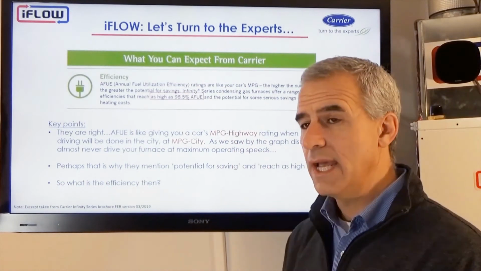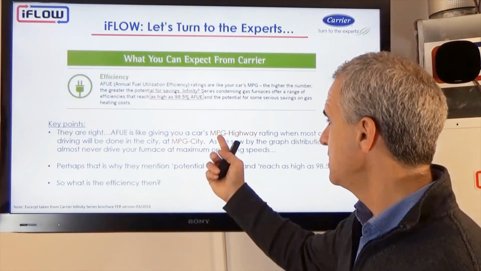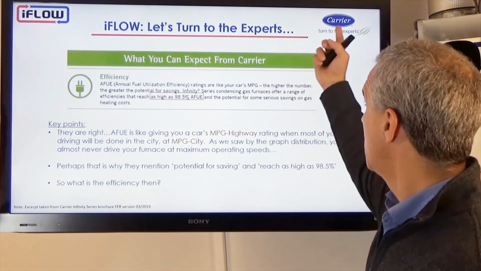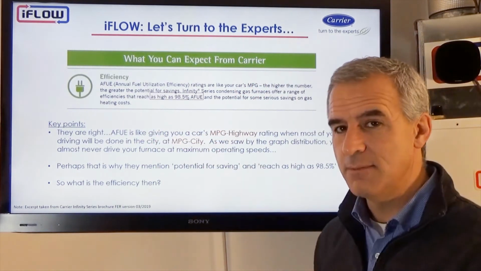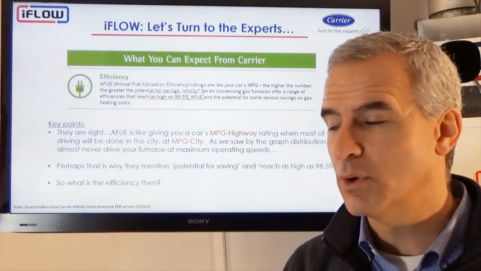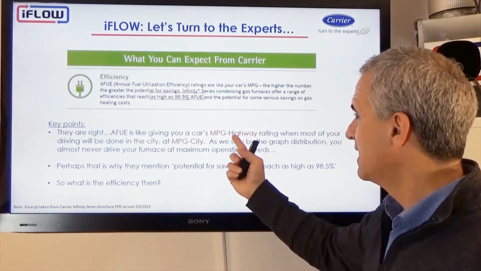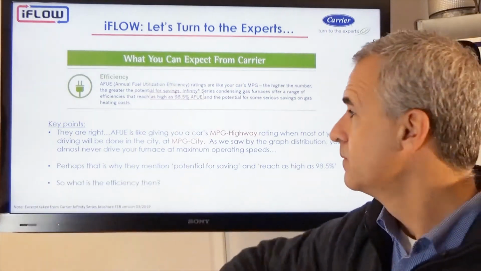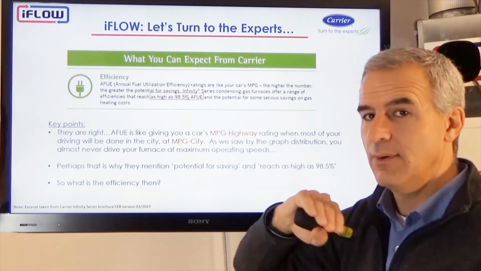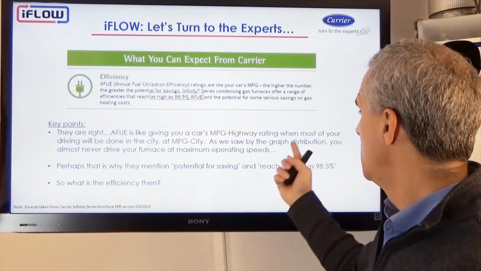So the way I would like to look at it is this. Yes, Carrier wants to say it's like the MPG. I would agree with that. But it's MPG highway. That AFUE number is MPG highway. That's kind of the best fuel rating that it will get on the highway, when we're running full out.